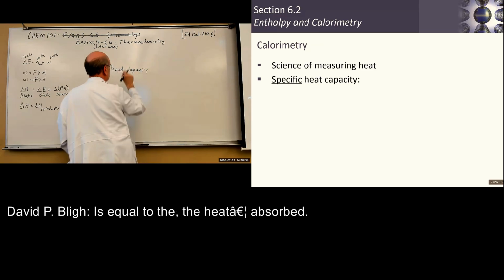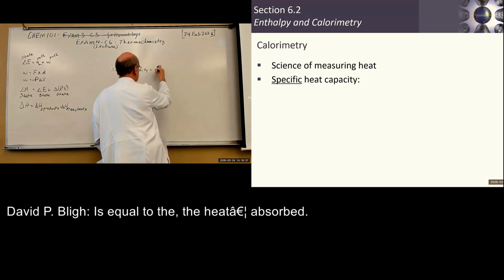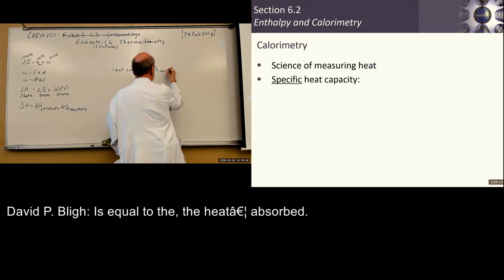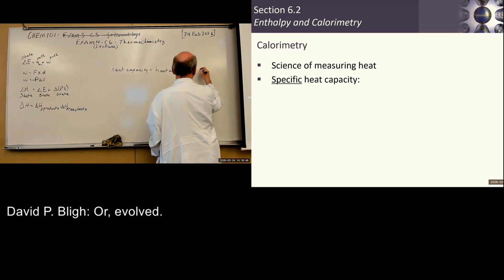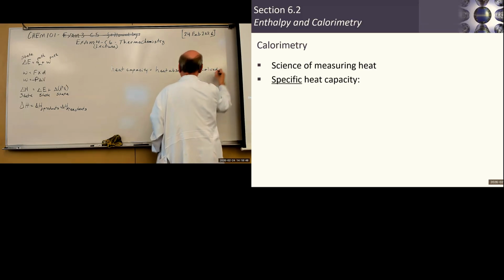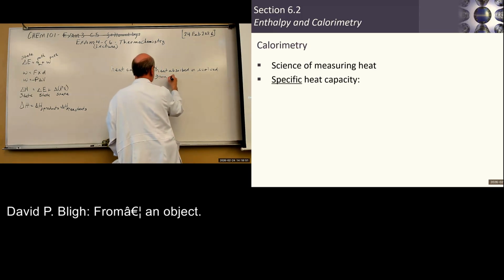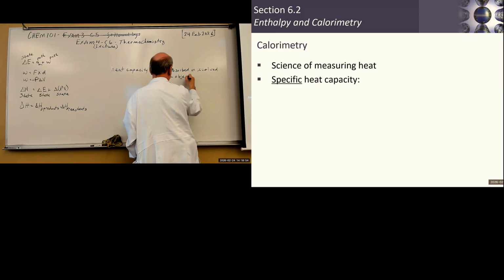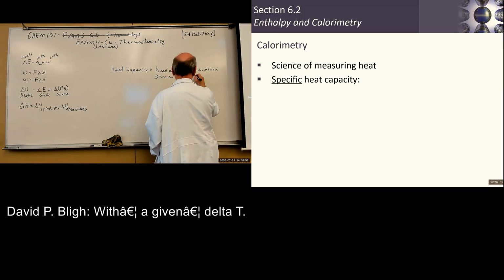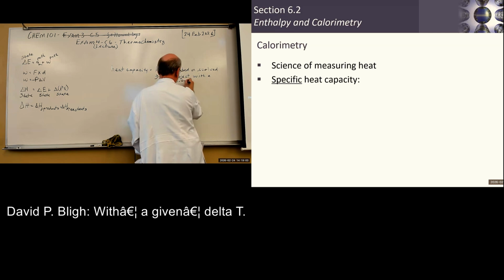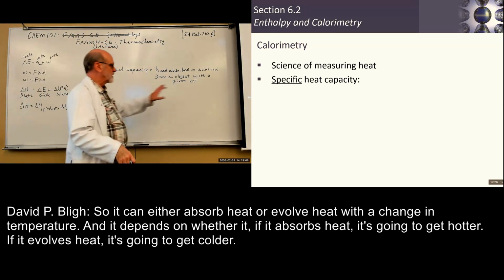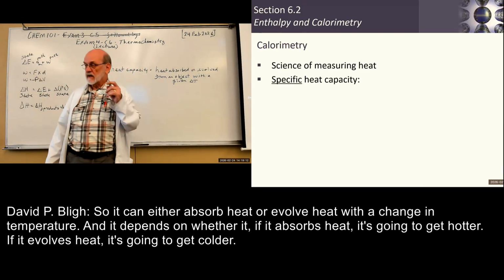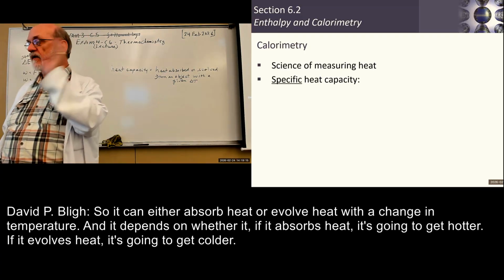Heat capacity is equal to the heat absorbed or evolved from an object with a given delta T. So it can either absorb heat or evolve heat with a change in temperature. If it absorbs heat, it's going to get hotter. If it evolves heat, it's going to get colder.